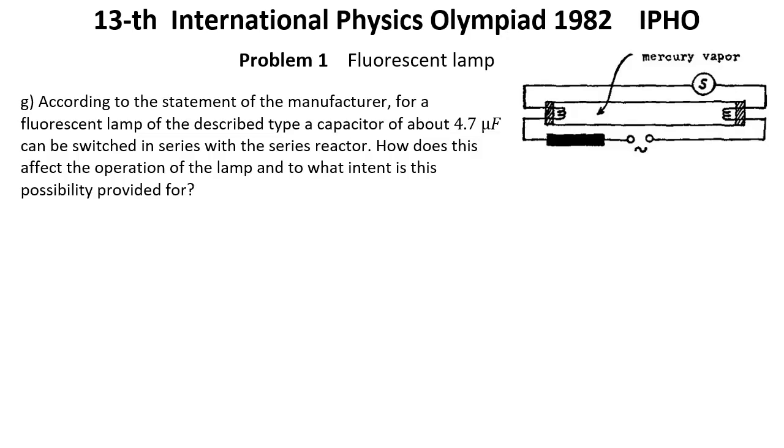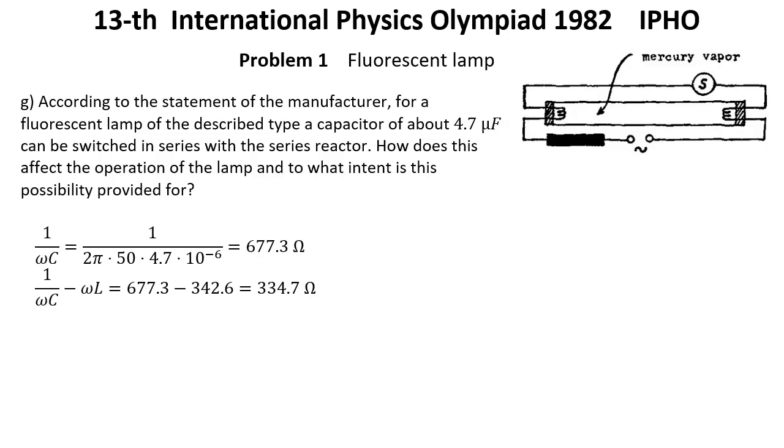Solution. Reactance of the capacitor of 4.7 microfarad is 1 over omega C, which is 677.3 ohm. The two reactances subtract, and the remaining reactance of 334.7 ohm acts as a capacitor.